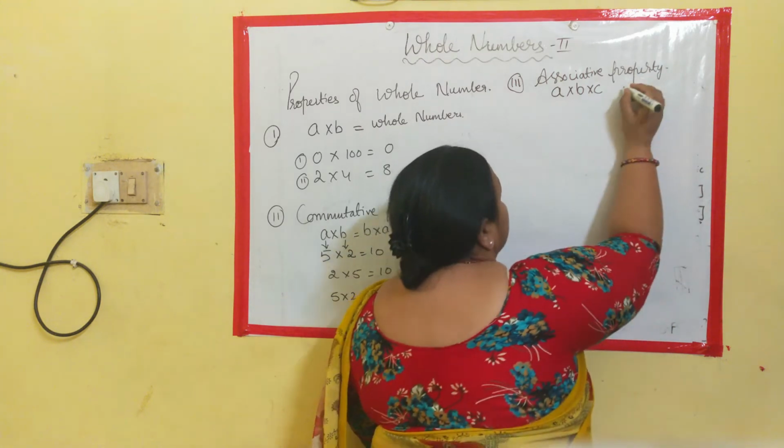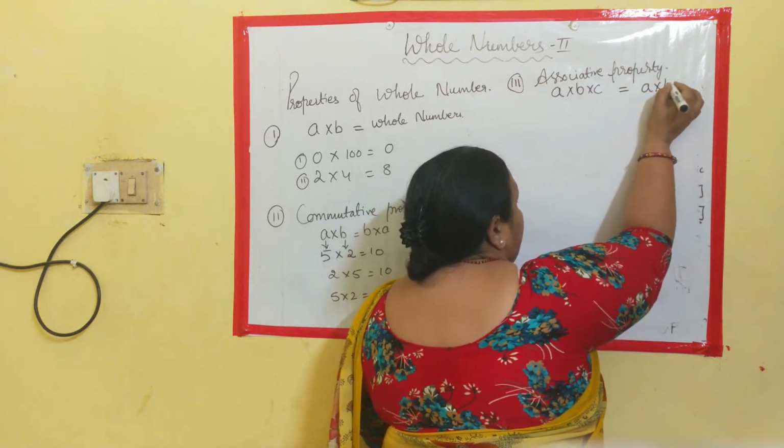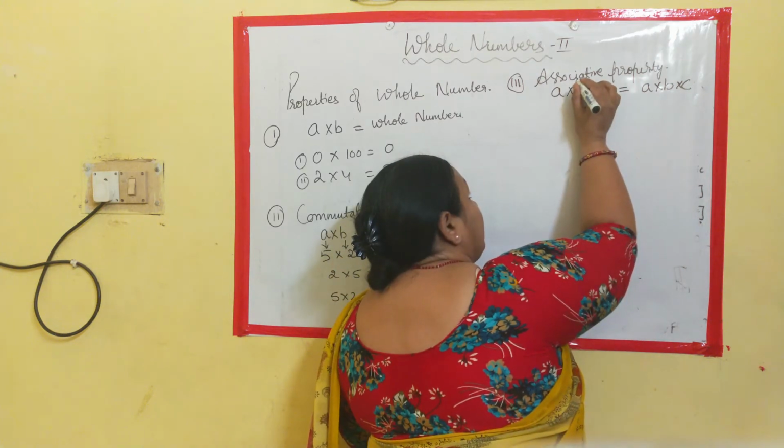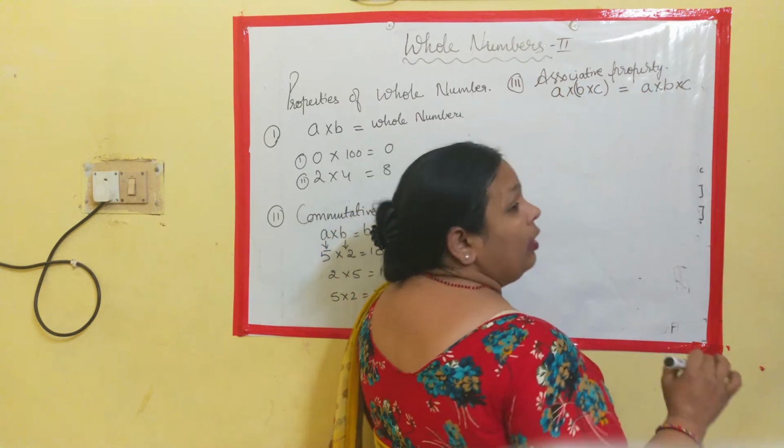So that is A into B into C. We can see that we have written the same thing, but a bracket makes a change.